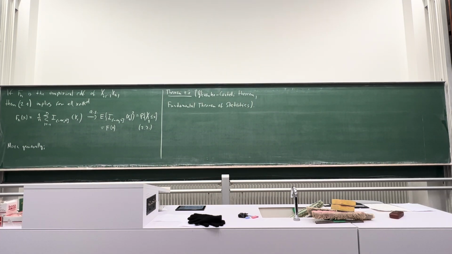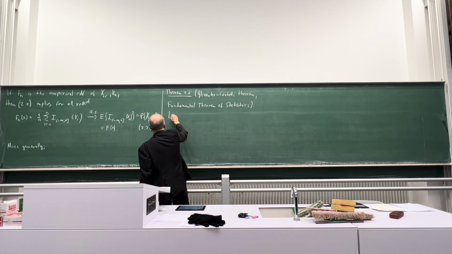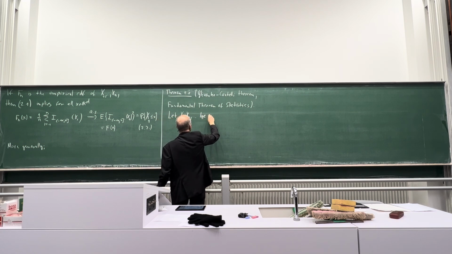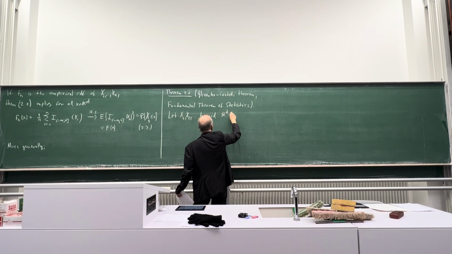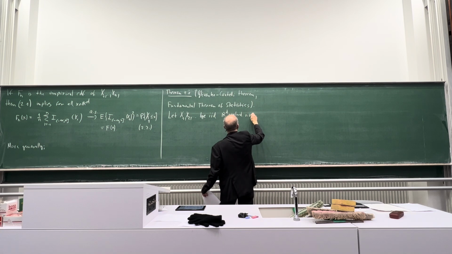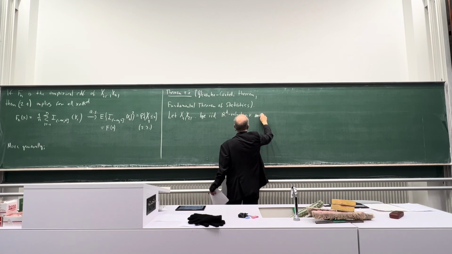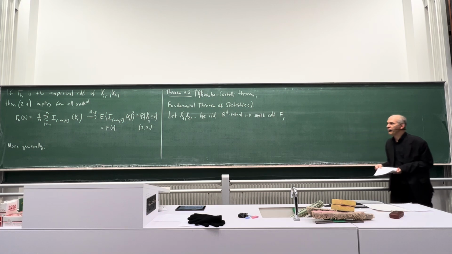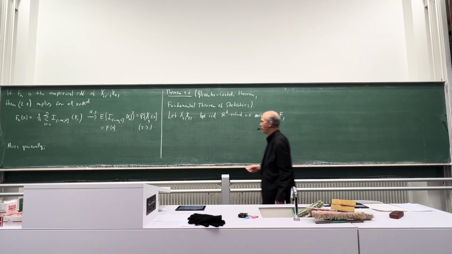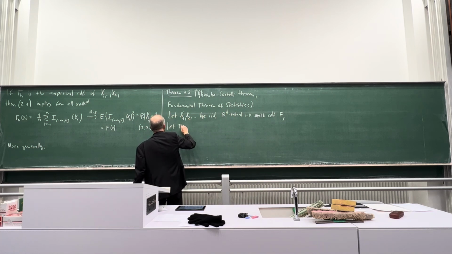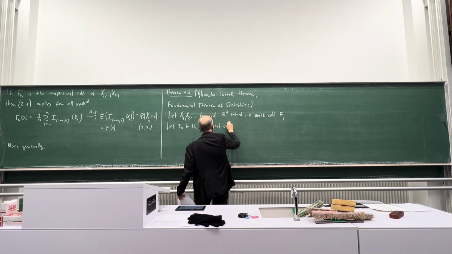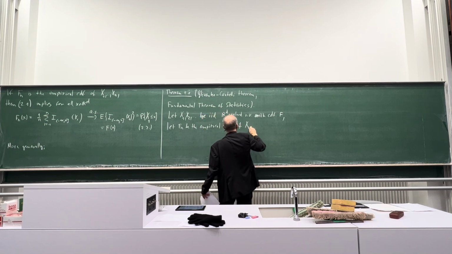Let X1, X2, and so on be IID R^d-valued random variables with cumulative distribution function F. And let Fn be the empirical distribution function of X1 to Xn, the cumulative distribution function of X1 to Xn.